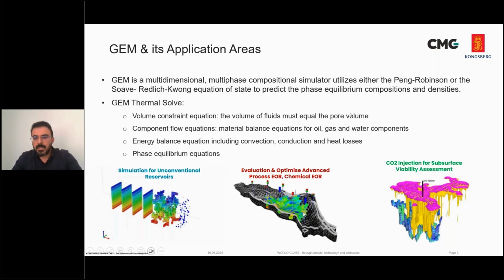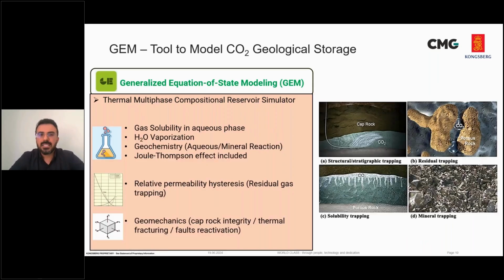Now focusing mainly on the CCS here, there are a number of functionalities available in GEM that make it a suitable tool to model CO2 geological storage. With those features, we can model all the possible CO2 trapping mechanisms in the underground formations.